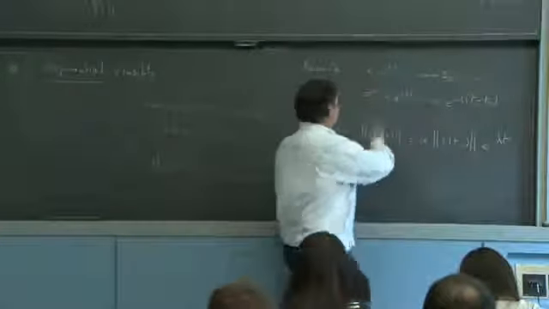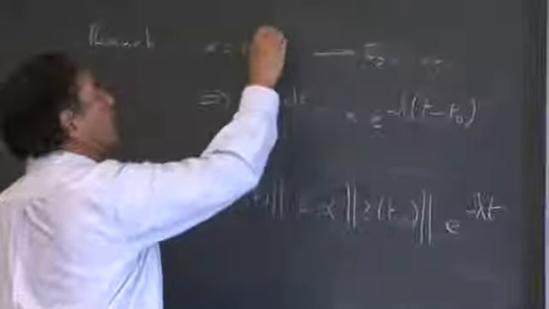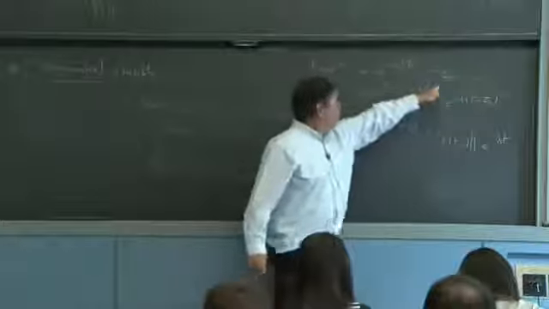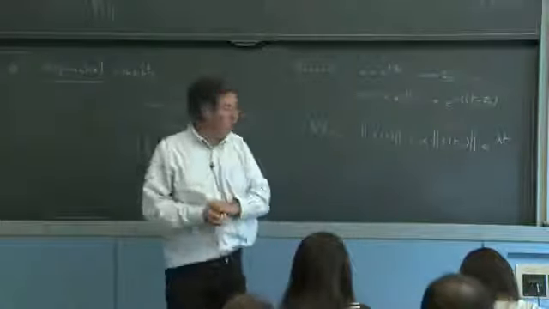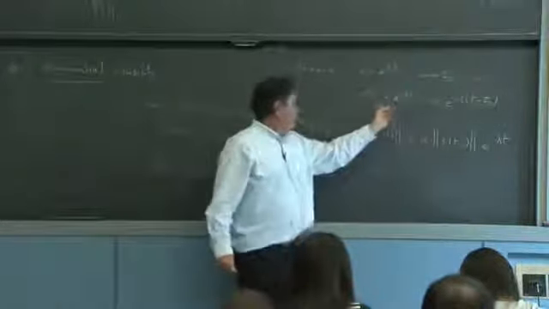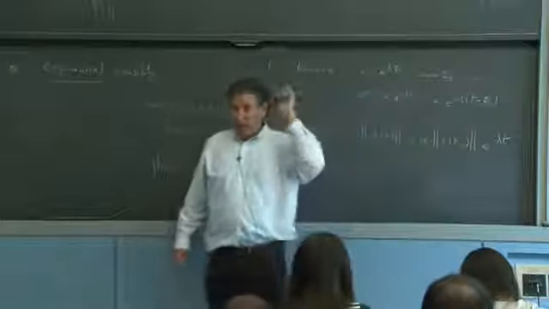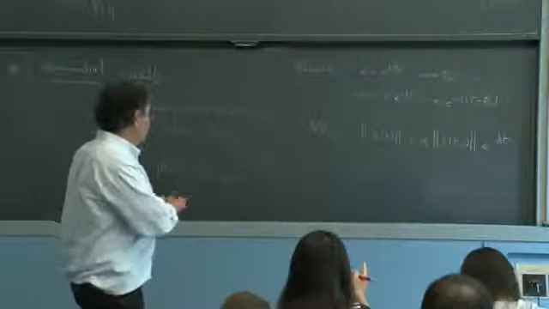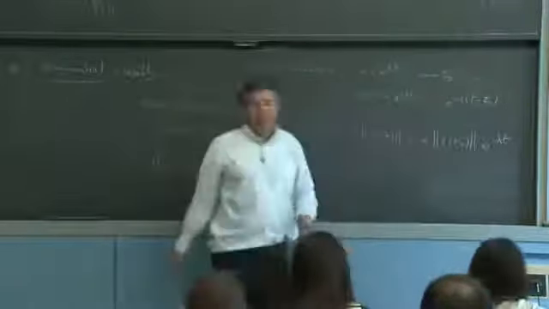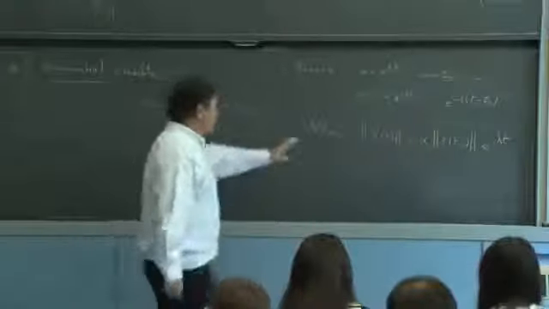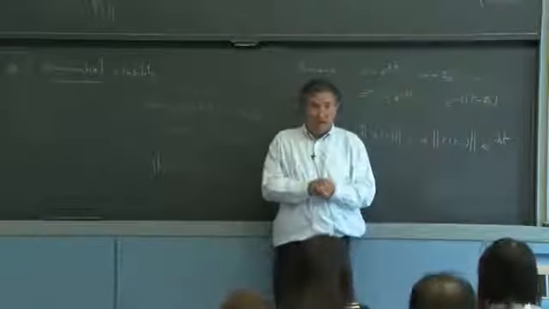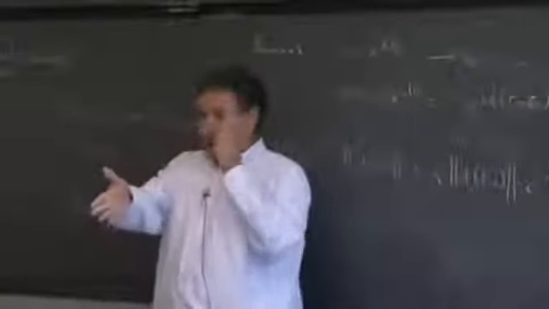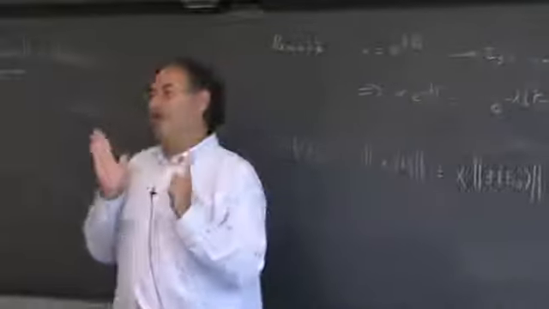Oh, sorry, alpha shouldn't be there. Thank you. It's equal to e to the minus lambda (t minus tau 0). So it means that basically you get this exponential convergence without an alpha, but after tau 0.